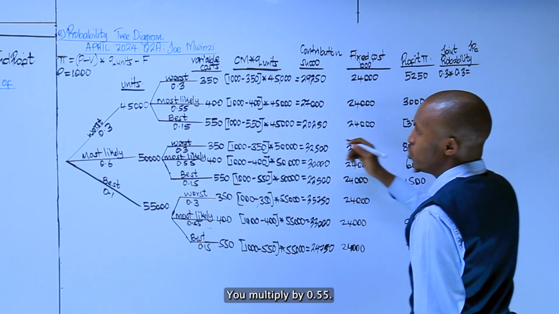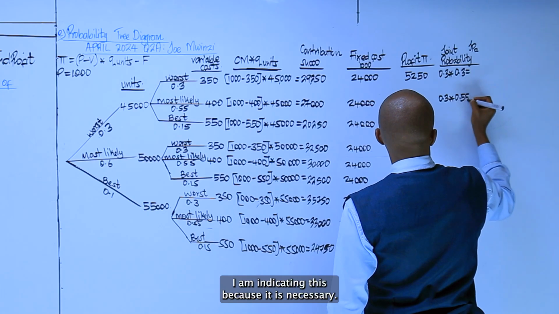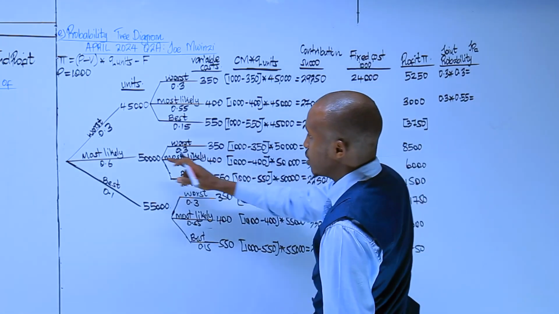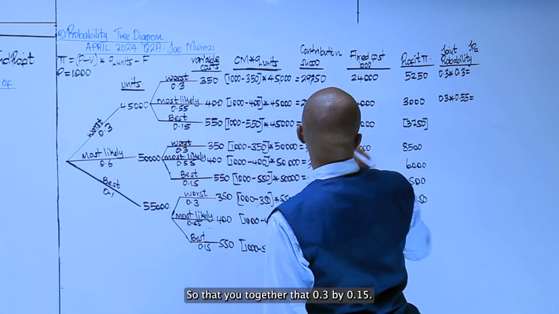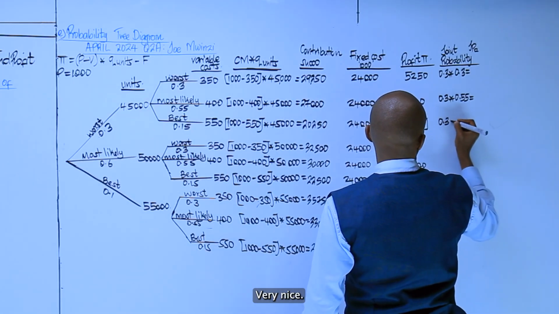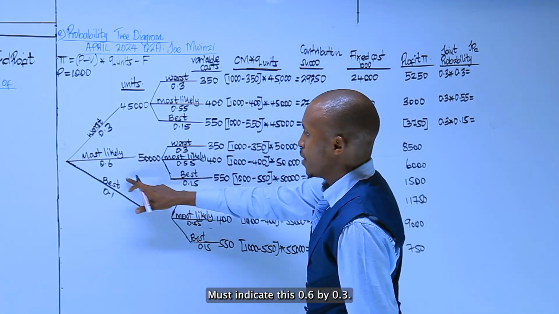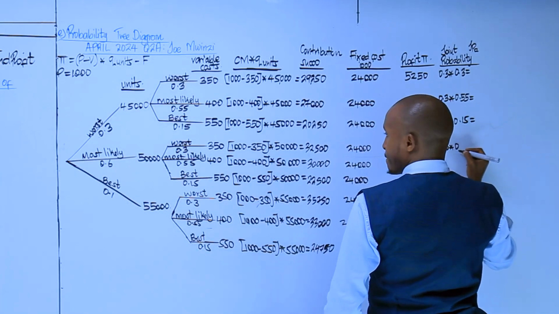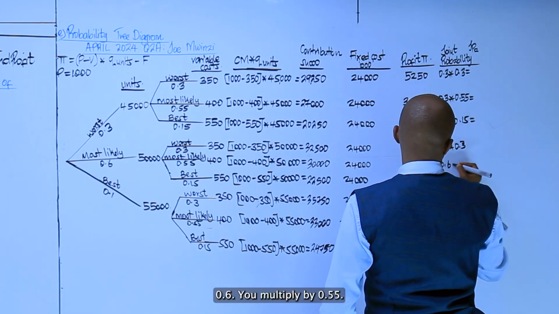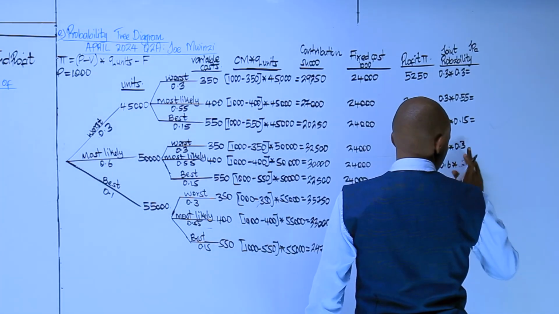You multiply by 0.55. I'm indicating this because it is necessary. Very nice. Must indicate this. 0.6 by 0.3. 0.6 you multiply by 0.55.